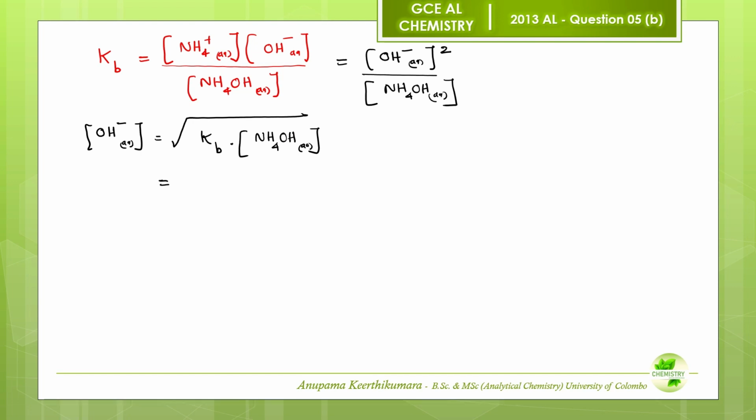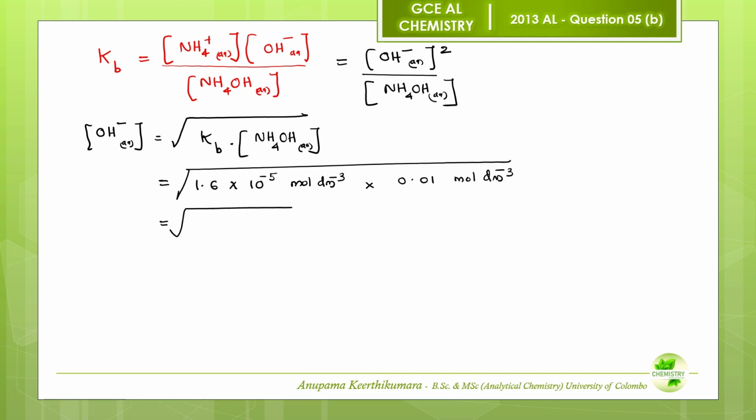Substitute values for this equation. Kb equals 1.6 times 10 to the negative fifth moles per cubic decimeter. Concentration of ammonium hydroxide 0.01 moles per cubic decimeter.